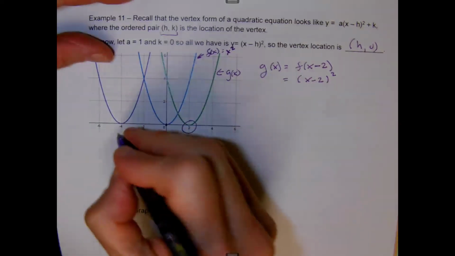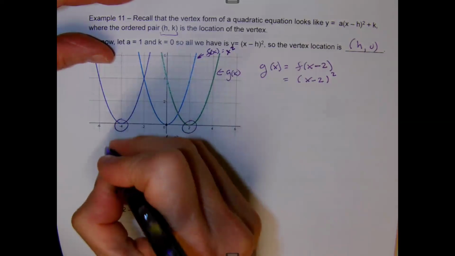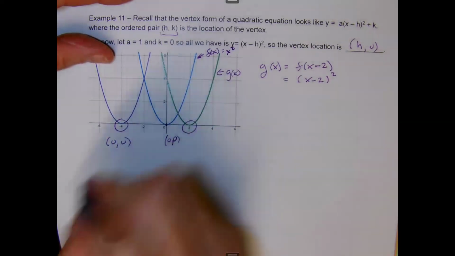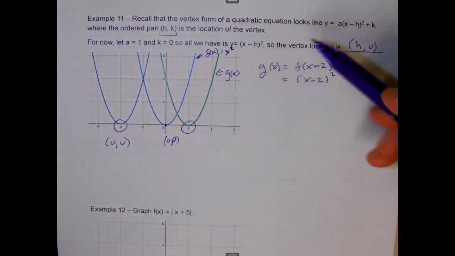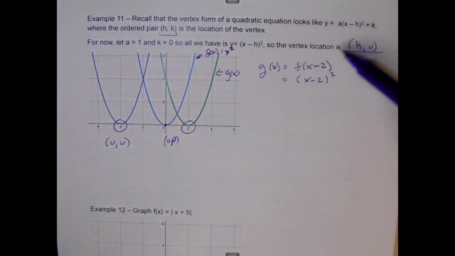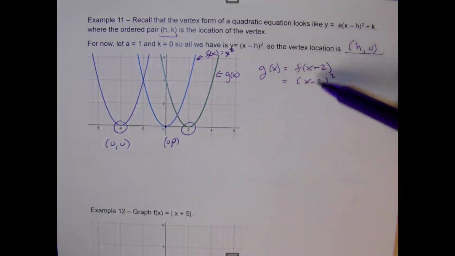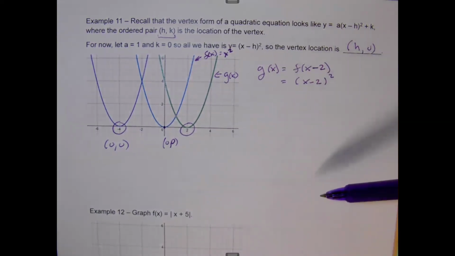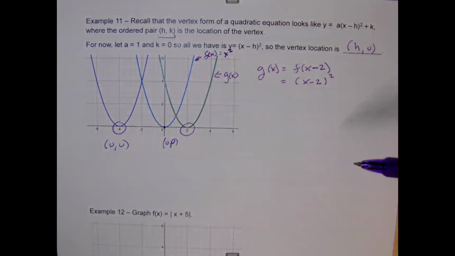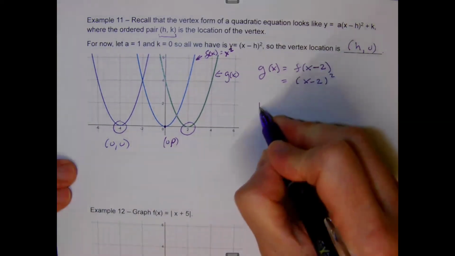What about the other one? Well, the vertex again is 0, 0. And notice how nicely this plays out. There's my original, and look what I've done. H is now a negative 2, just like I said it should have. What about this one?